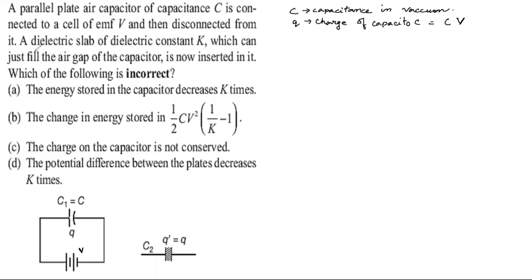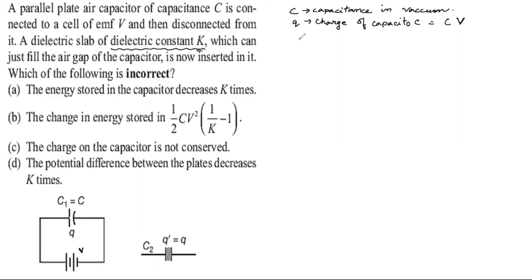So the next thing it is said is that a dielectric slab of dielectric constant K. Once you disconnect this capacitor from this battery, after disconnecting it, you insert a dielectric slab of dielectric constant K, which can just fill the air gap in the capacitor, which means that the entire space between these plates is filled up with this dielectric slab. We have to see that out of these four options, which of the following is incorrect.